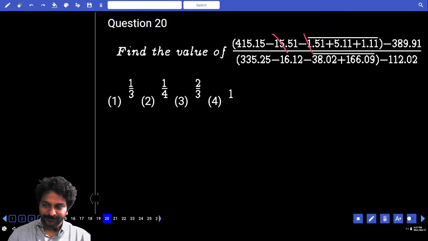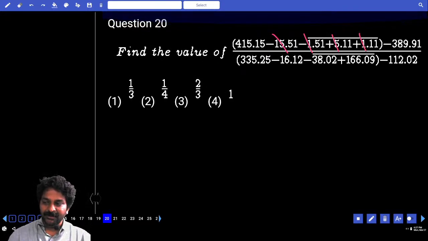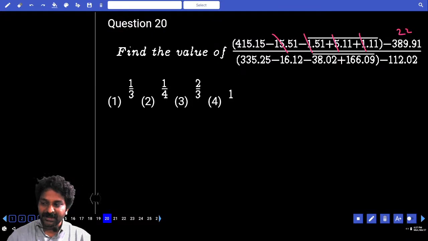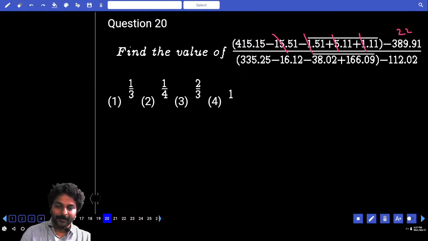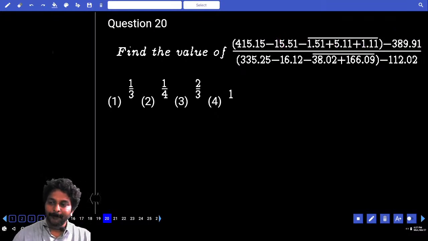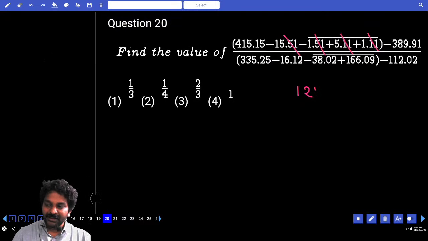15 + 1, 16 + 5, 21 + 1, 22 + 3, 89, which is 411. 411. Now decimals, to be seen, right? 51, 51, 102, 102 + 22, 124 + 91, that is 215.